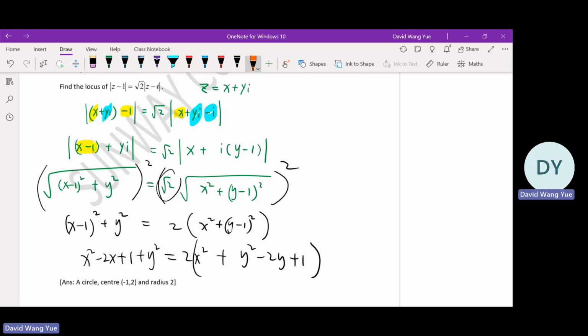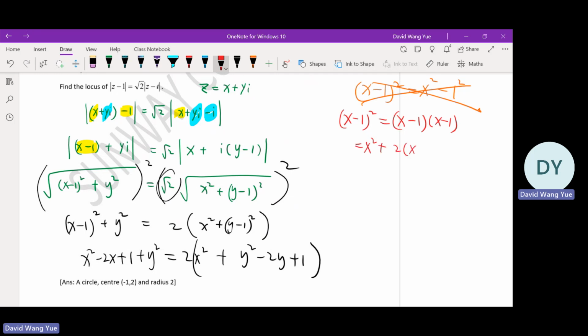Now, one of the common mistakes is people may simply assume this is x squared minus 1 squared, and that is totally wrong. x minus 1 squared is x minus 1 times x minus 1. That should give you x squared minus 2 times x times 1 plus 1 squared.